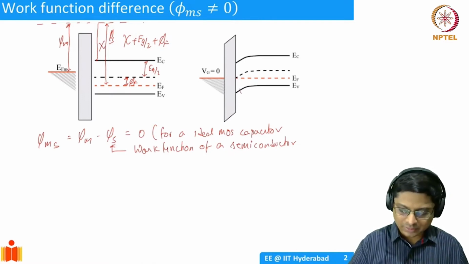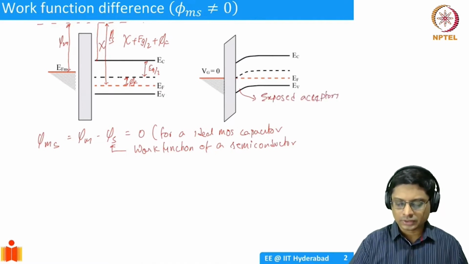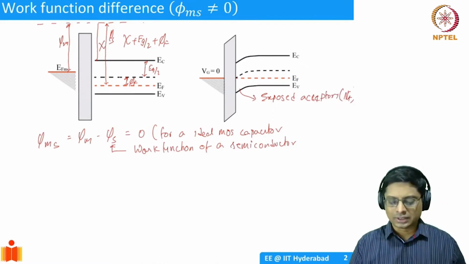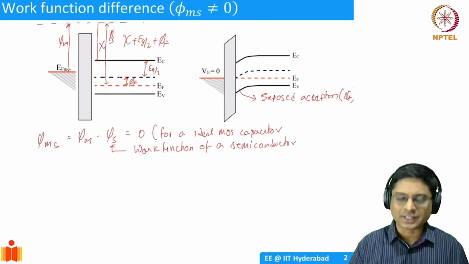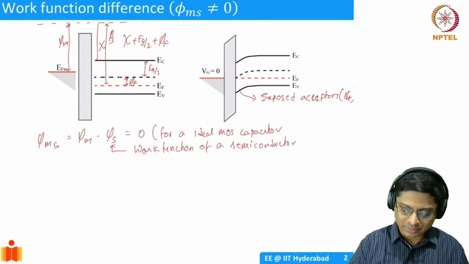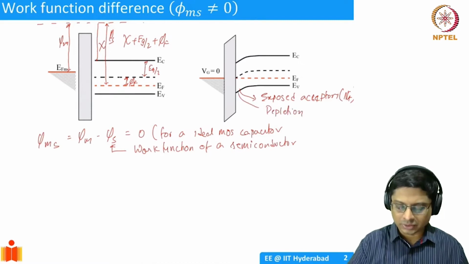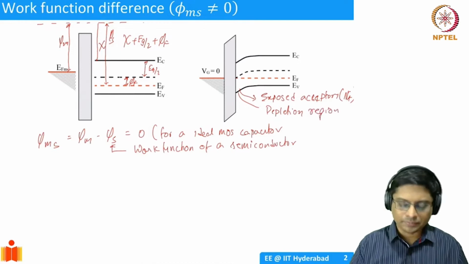Here there are exposed acceptors, so the charge is going to be Na minus, the negative charge associated with an acceptor which is ionized. You have fewer holes, and that's why you have this depletion region. The holes are reduced in number, so it's depleted.